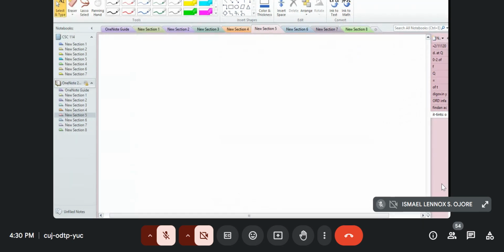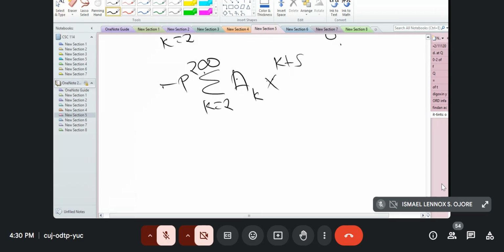It's actually supposed to be equal to 0. I've not put an equal sign. Let me just scroll up. Plus this is supposed to be equal to 0.